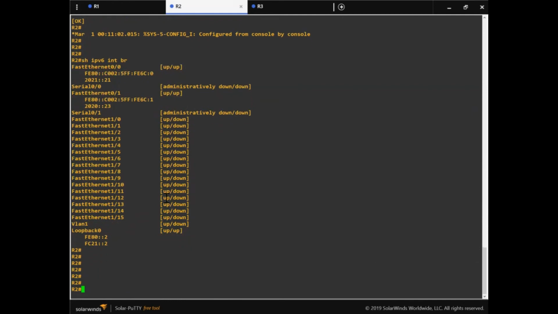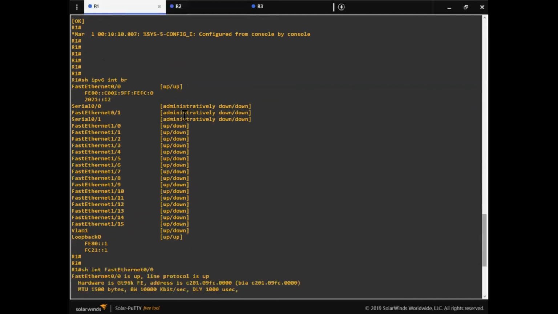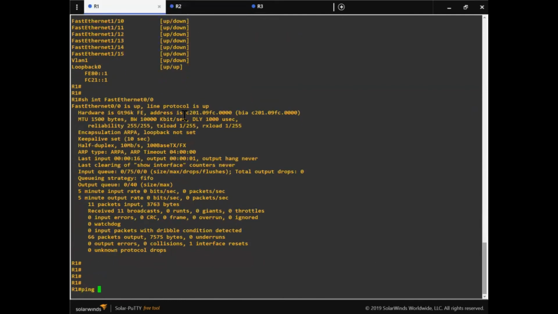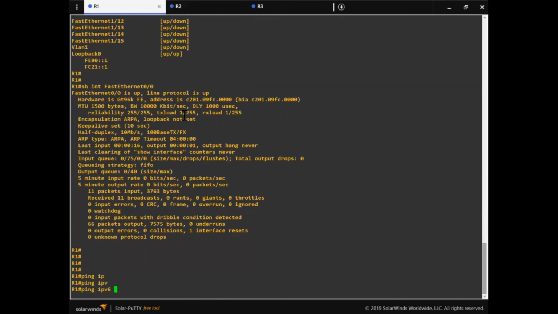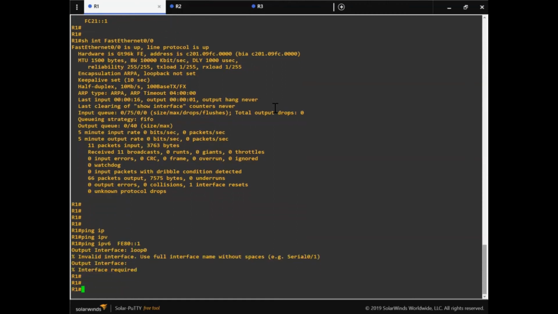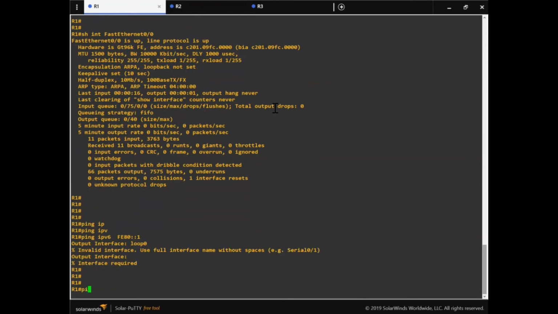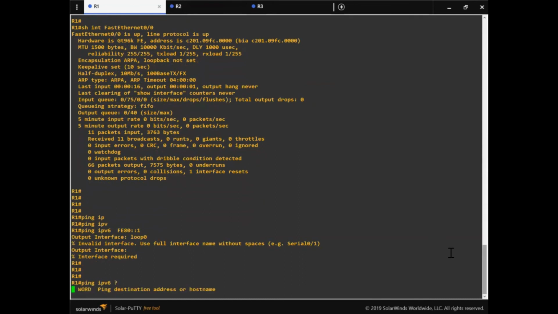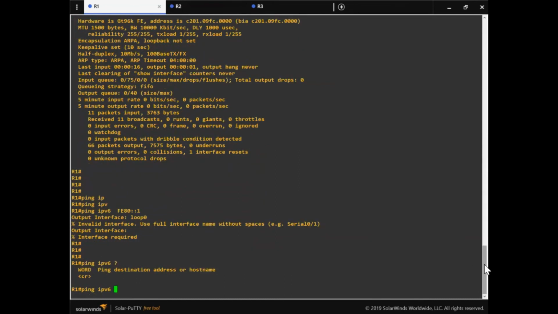Now let me try to ping. Ping IPv6, and I need to ping maybe my link local address FE80::111 on loopback 0.